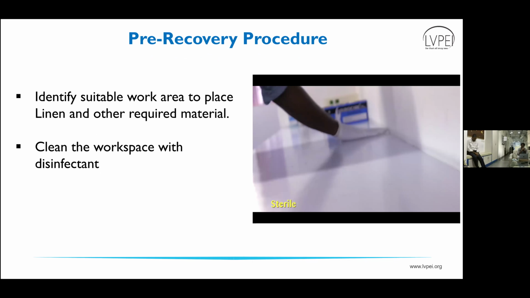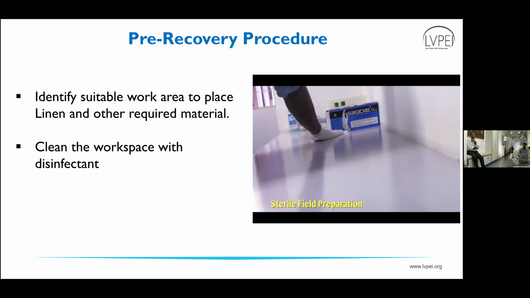We need to identify such facilities and select one for keeping the materials. After identifying the place, we need to clean that area first, using a disinfectant like 70% alcohol. You can clean that area and keep it ready for the sterile field.